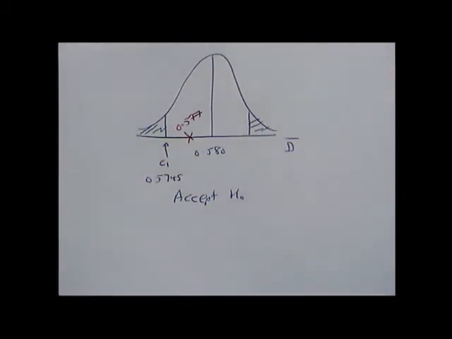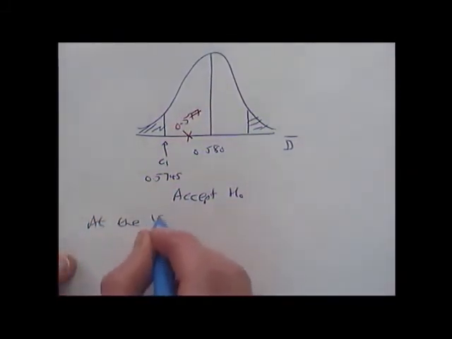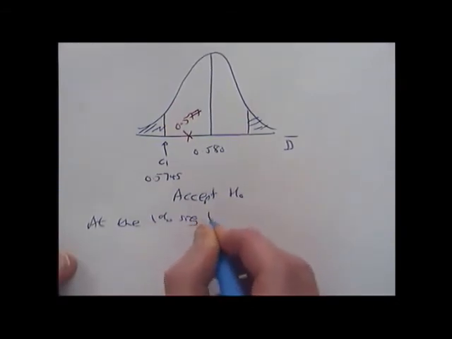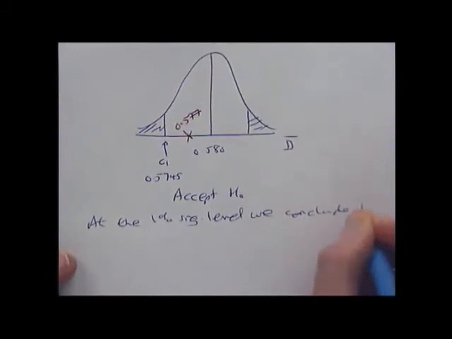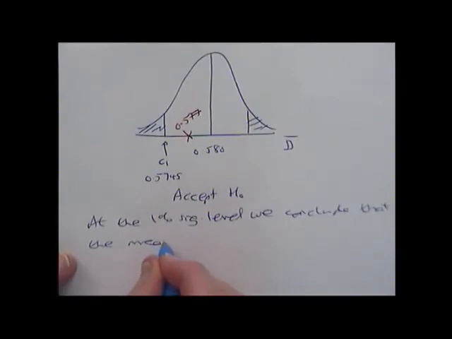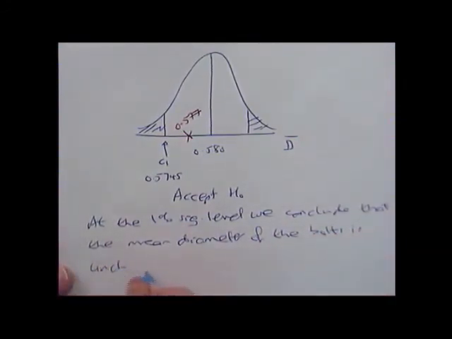So if we go back and look at the context of the question, we can say at the 1% significance level, we conclude that the mean diameter of the bolts is unchanged at 0.580 centimetres.